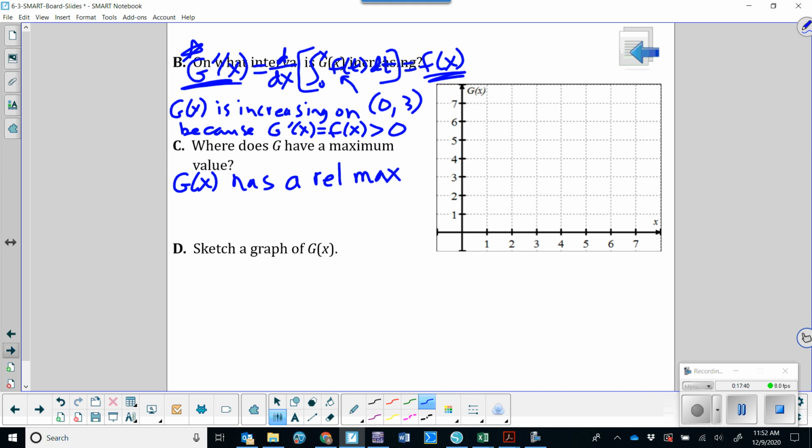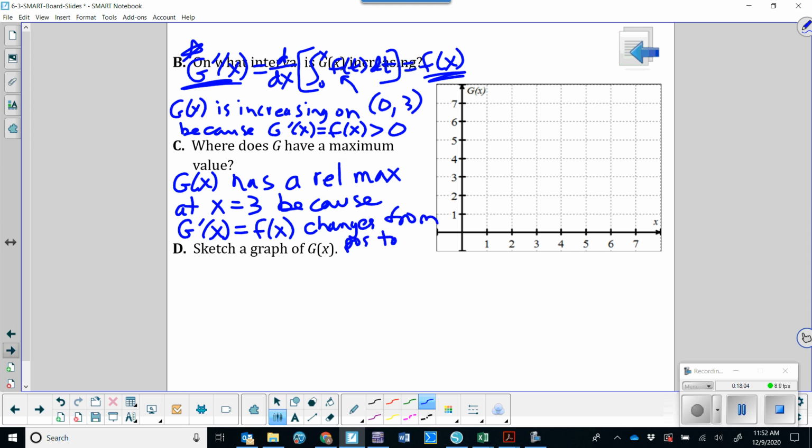It should say relative maximum value, but it has a relative max at x equals 3 because, again, g prime of x, which equals f of x, already established that, showed the work, changes from positive to negative. And now I've answered the question.